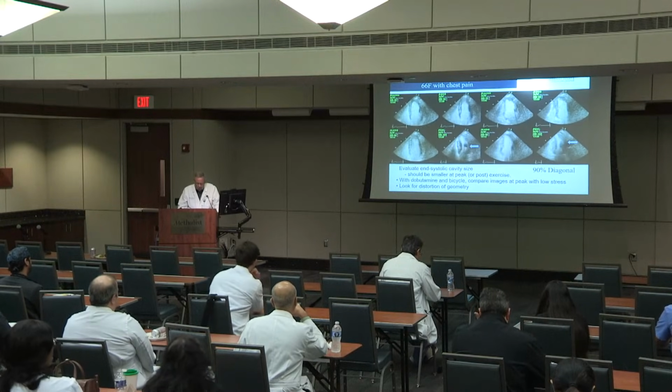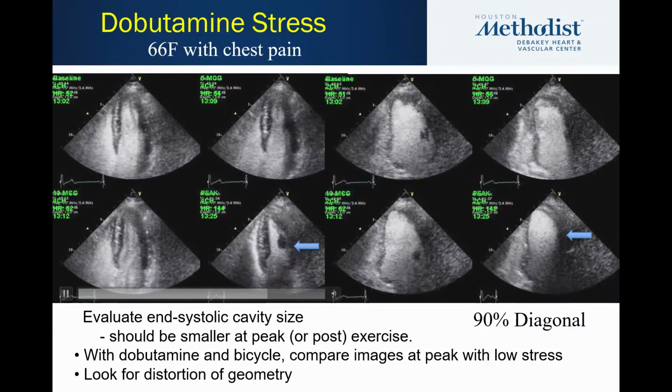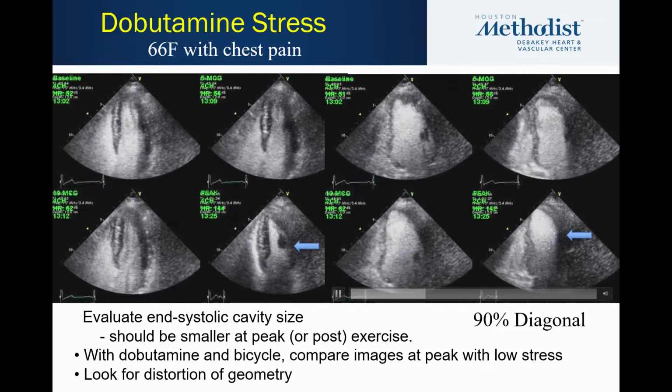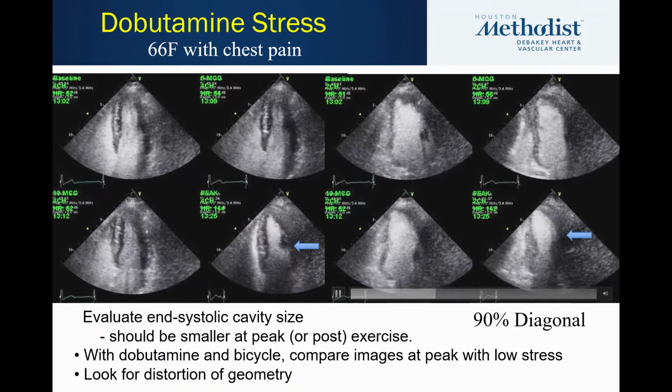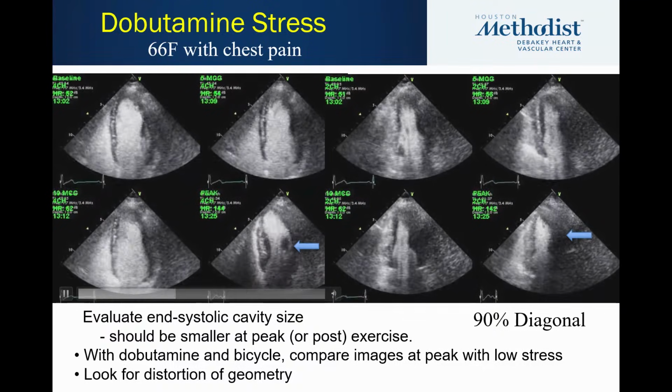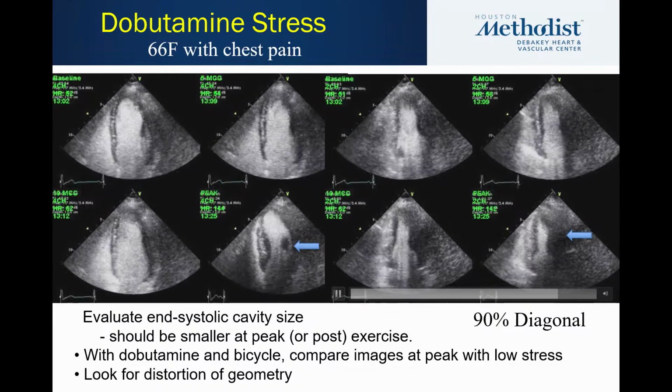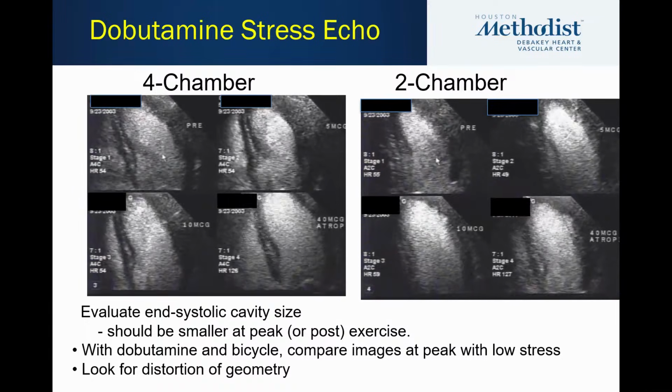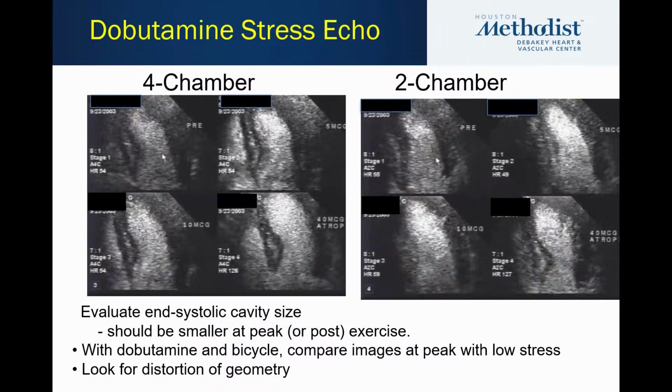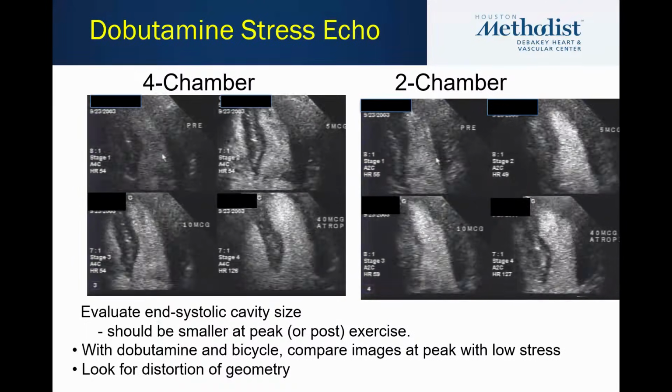So yeah, this is another one that has a circumflex lesion, and it's the same story, okay? Look at end-systolic size, look at full size. This actually, with the use of contrast, was a pretty nice study in terms of detecting this area here. And this is the most classic, okay?